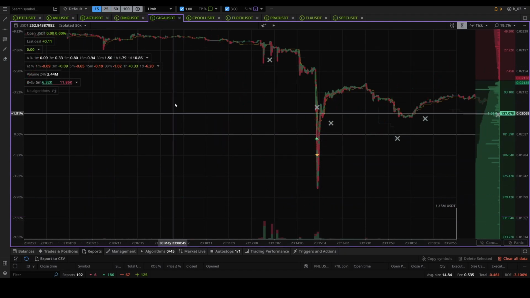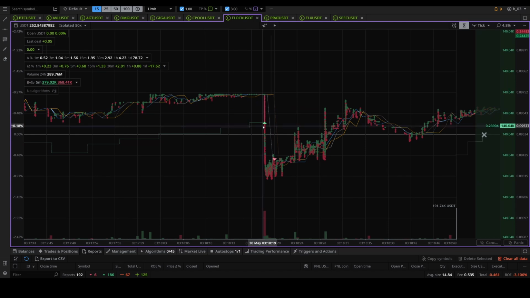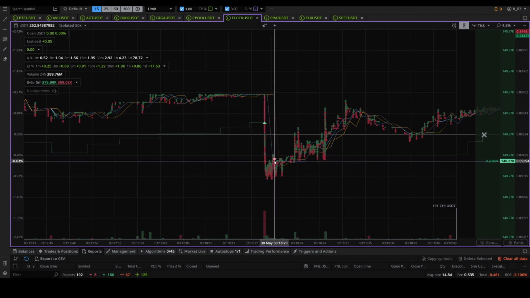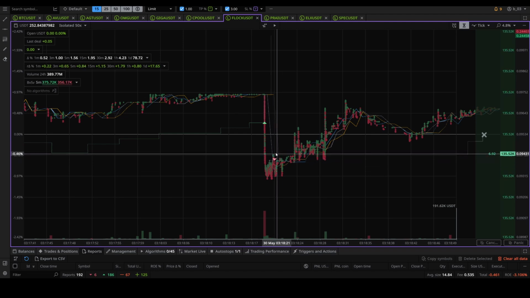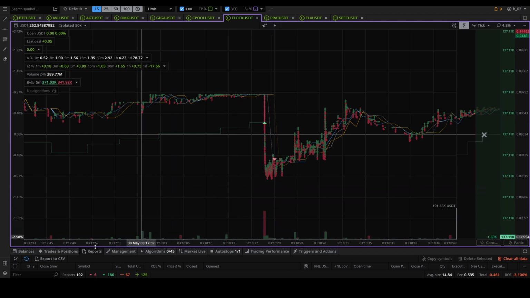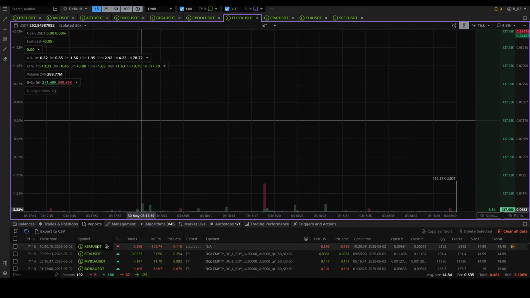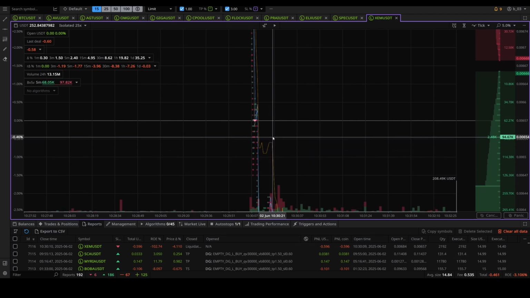Here I have some more stuff to show you. In this case here we have a liquidation. It is not a stop loss, so it will not trigger any action. You see, the liquidation is not tied in the report to any specific algorithm. Well, I've had one recently here.